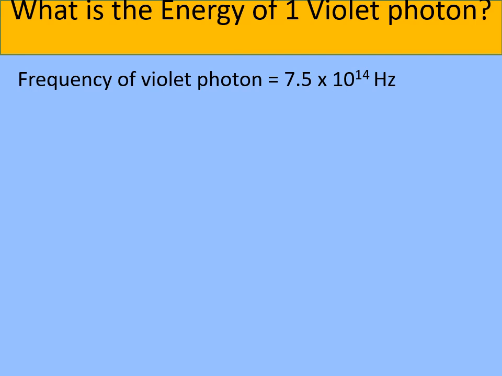And we know the equation E is equal to hf, so we can put that in, and we know Max Planck's constant, which is 6.63 times 10 to the power minus 34. We multiply that by the frequency, and that gives us the energy of one violet photon, which is 5 times 10 to the power minus 19 joules.